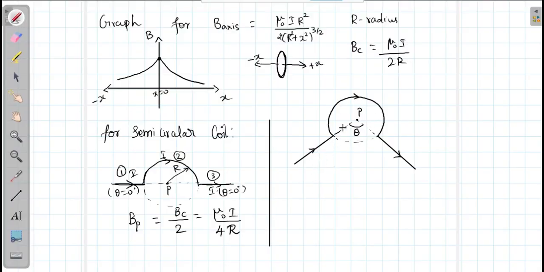For a full circle, the angle is 360, which is 2 pi. So what we are going to find now is 2 pi minus theta, which is equal to the arc length divided by the radius.